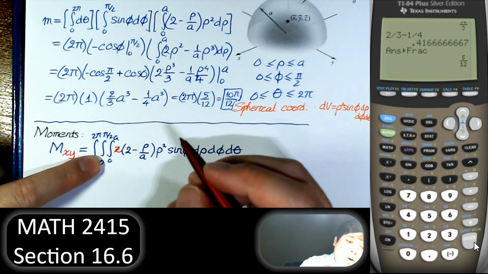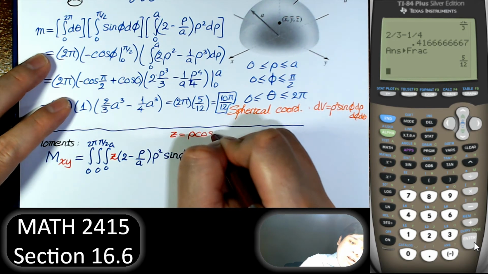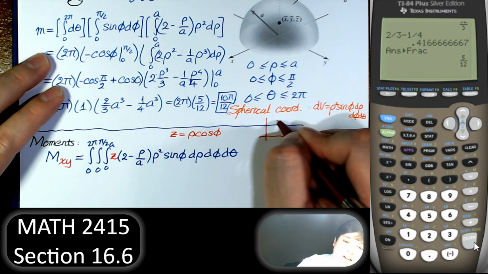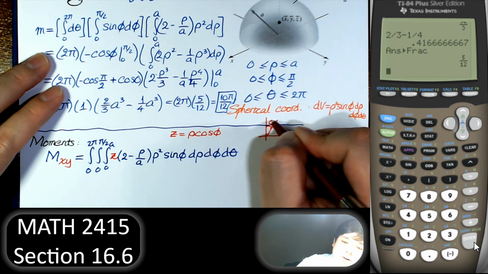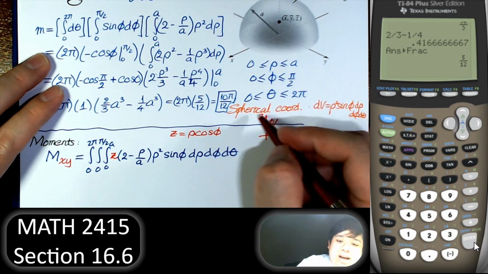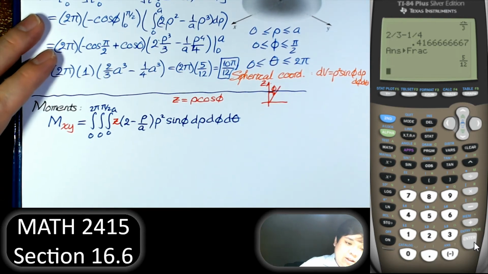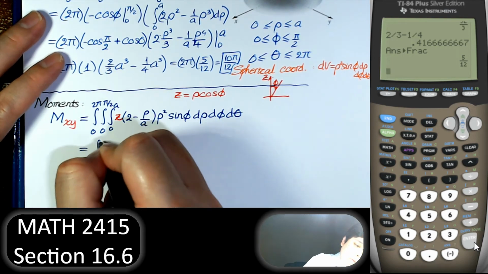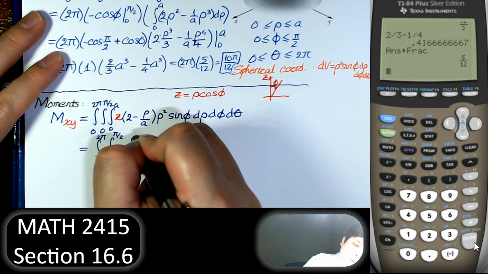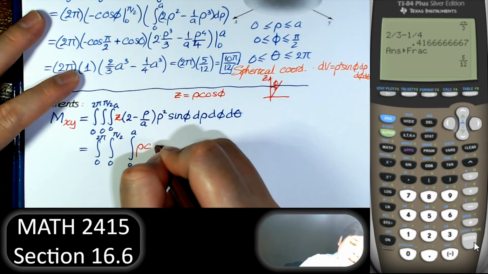In spherical coordinate, z is equal to rho cosine of phi. If you don't remember that, remember that phi comes from the z-axis, and z is adjacent to the angle, so adjacent is cosine. So we have rho cosine.